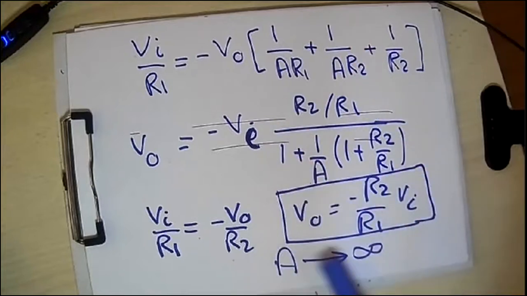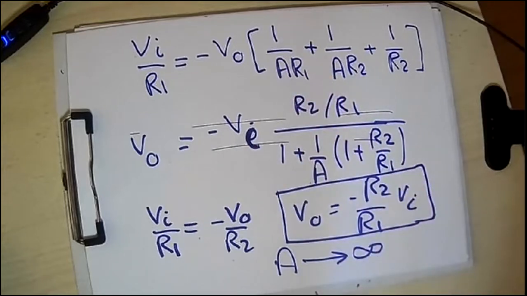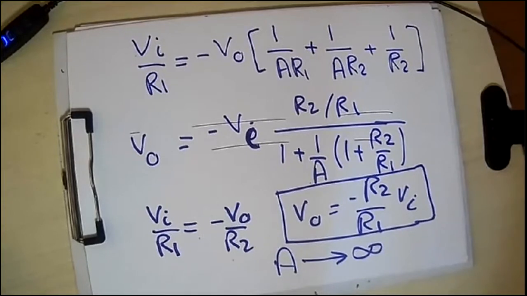That's why we usually prefer to use this one as far as A is a very large number, which is the case in most situations, or sometimes I say it's already an ideal operational amplifier. So this is one of the important examples to examine the impact of having a finite open loop gain with respect to the infinite open loop gain used for an ideal operational amplifier.